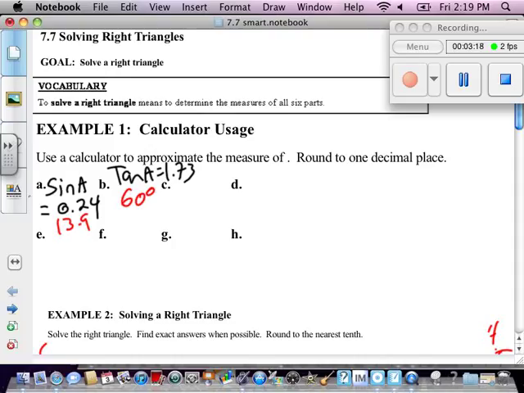Anybody else? Calculator issues? Okay. I lost my calculator. You just got it. No, right?